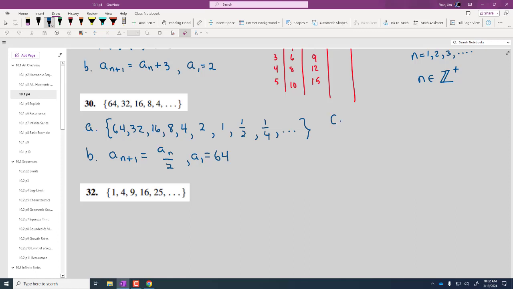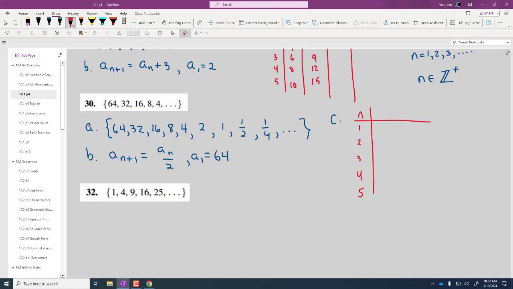So the harder part in this case is going to be finding the functional description of this sequence. So again, building a table is usually super helpful. Going down to 5 hopefully is enough. And one thing that we all probably are noticing right away is that each one of these numbers is a power of 2.